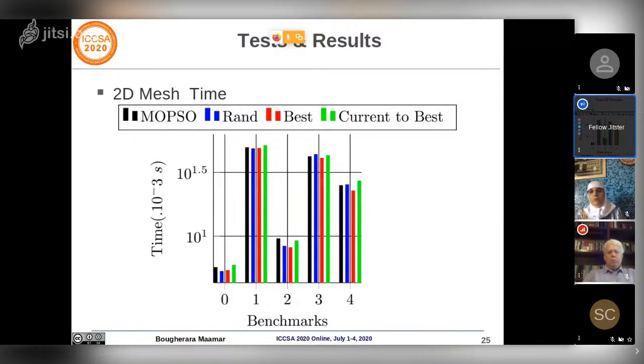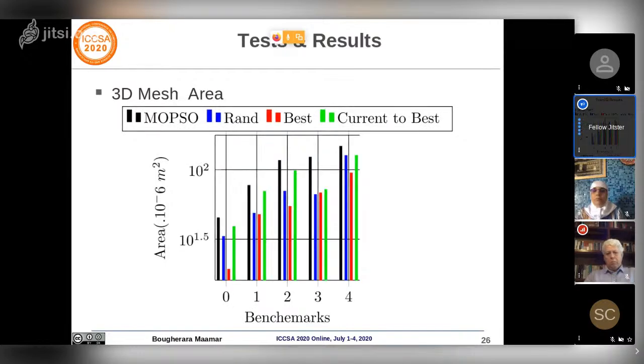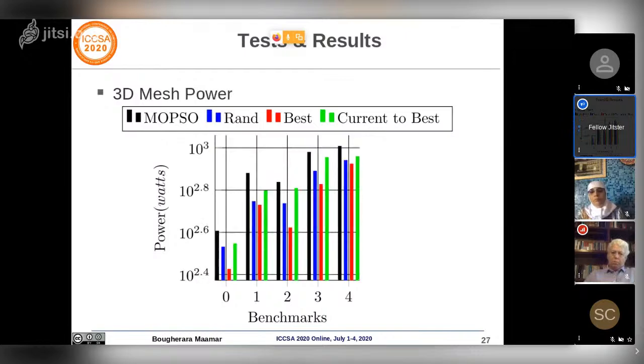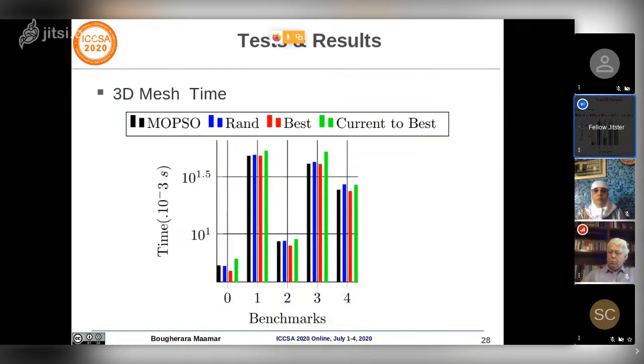It gives a good result compared to the algorithm based on particle swarm optimization. The same algorithm also gives better results in 3D mesh in area, power and time.